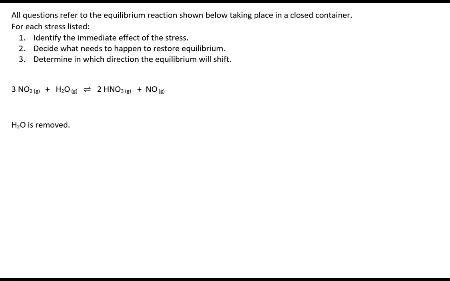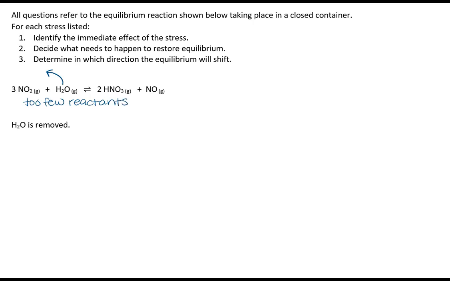Next, we have a situation where H2O is removed. So we look to see if it's part of the system. It is. It's right here as a reactant. It's removed from the system, and the immediate effect is we have removed some reactant, and so we have too few reactants, not enough reactants.